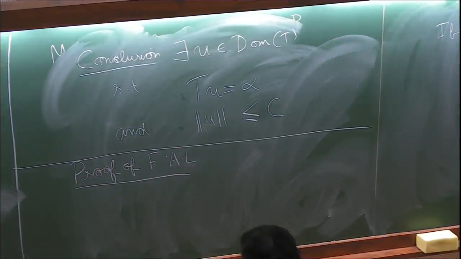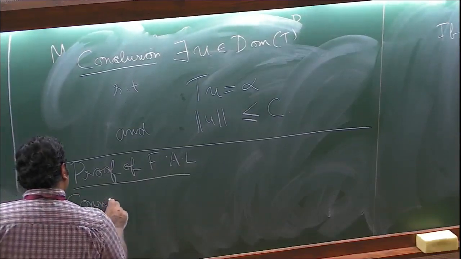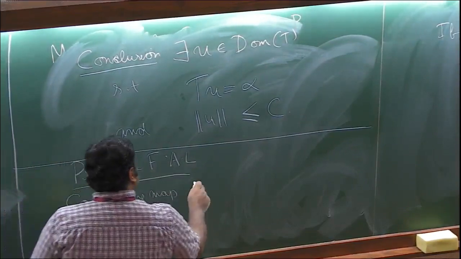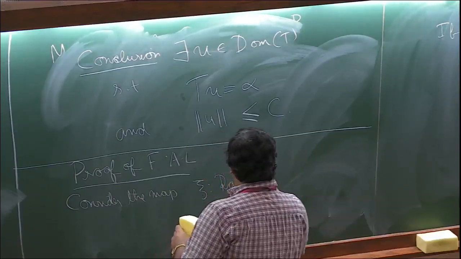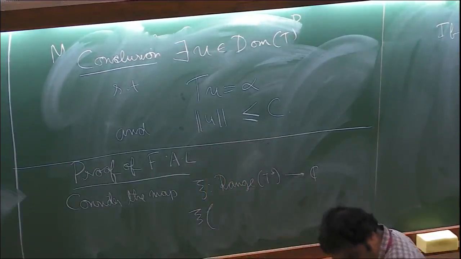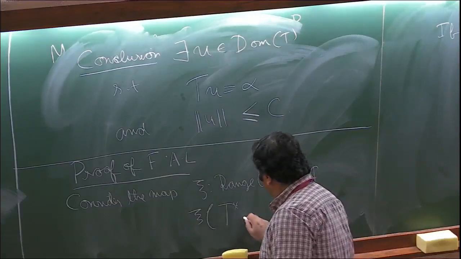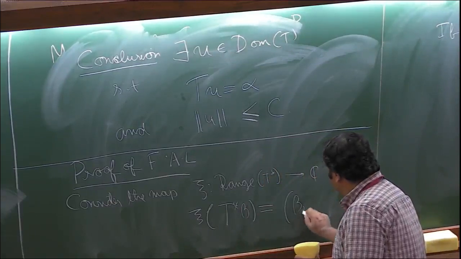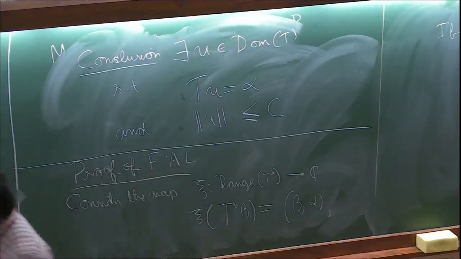So, consider the map xi from the range of T star to C given by xi of T star beta is the inner product (beta, alpha). So this alpha has been frozen once for all, right? So this alpha is fixed in this theorem.